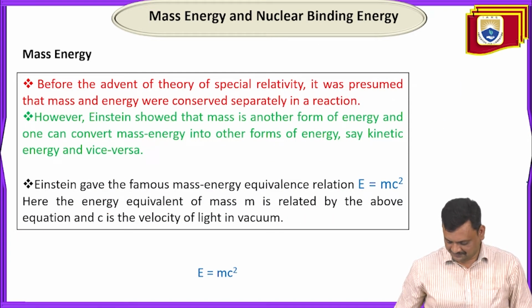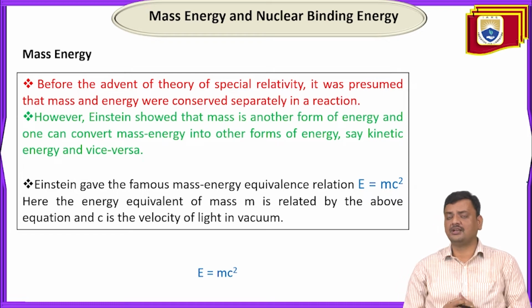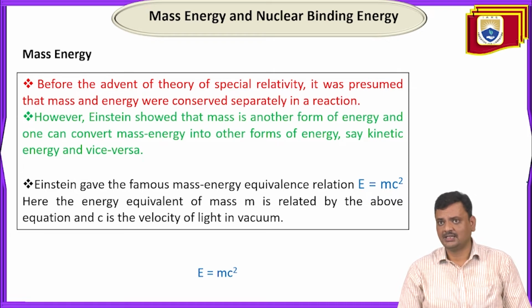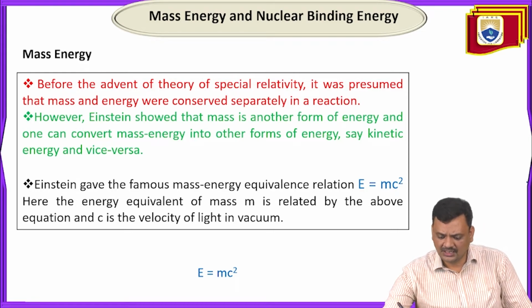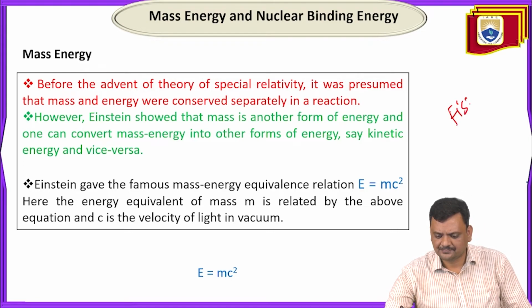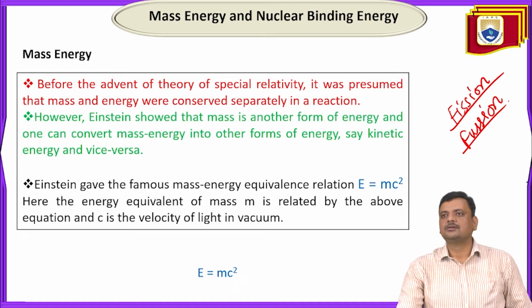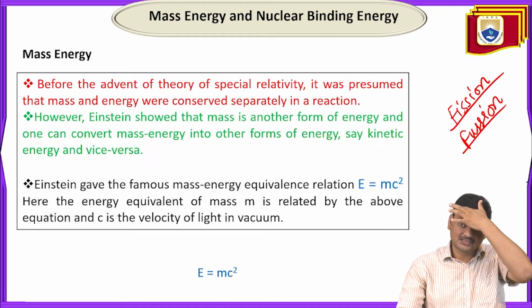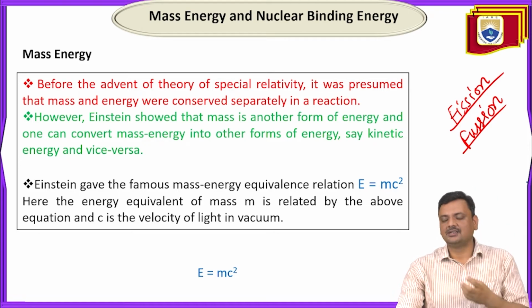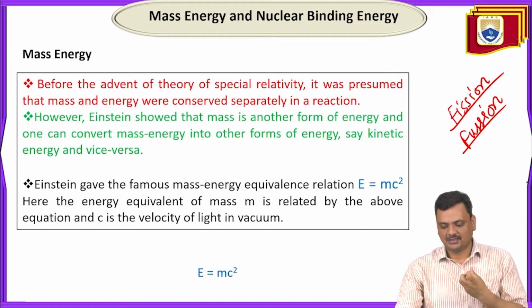Now I am going to tell about mass energy and nuclear binding energy. Why is energy released in fission or fusion? Why is nuclear energy released? Because of loss of mass.